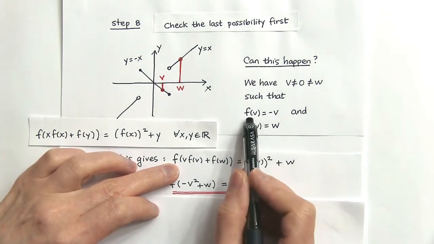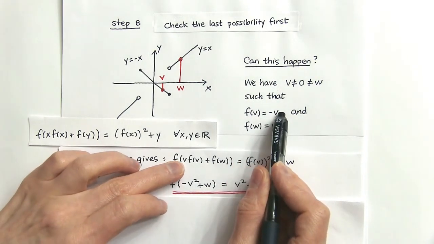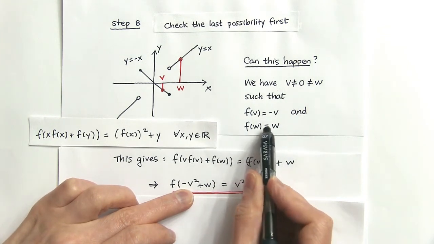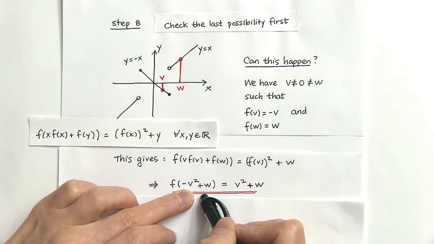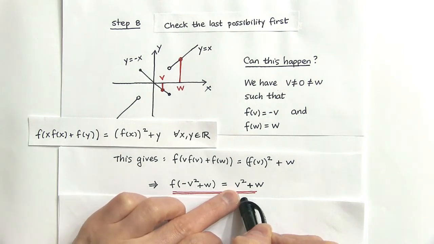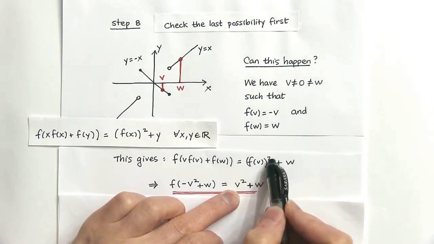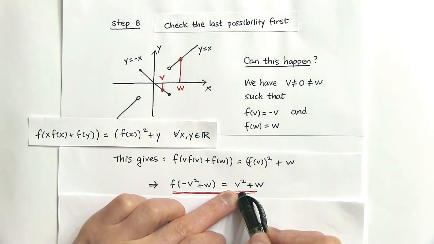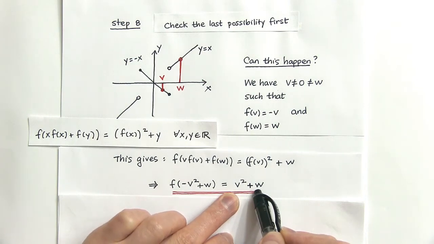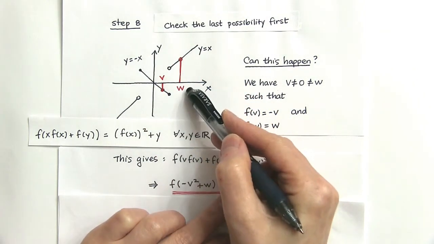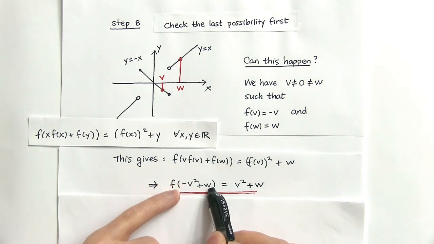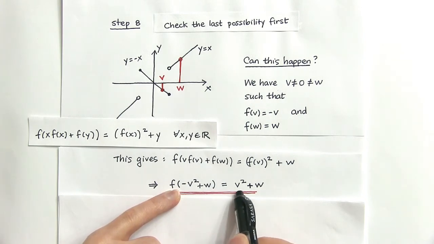But we know that f at v is minus v, so v times f at v is minus v squared, and we know that f at w is w, so the left-hand side becomes like this. Since f at v is minus v, when we square it, we get v squared, and so the right-hand side simplifies to v squared plus w. So this says that f evaluated at minus v squared plus w must equal v squared plus w.